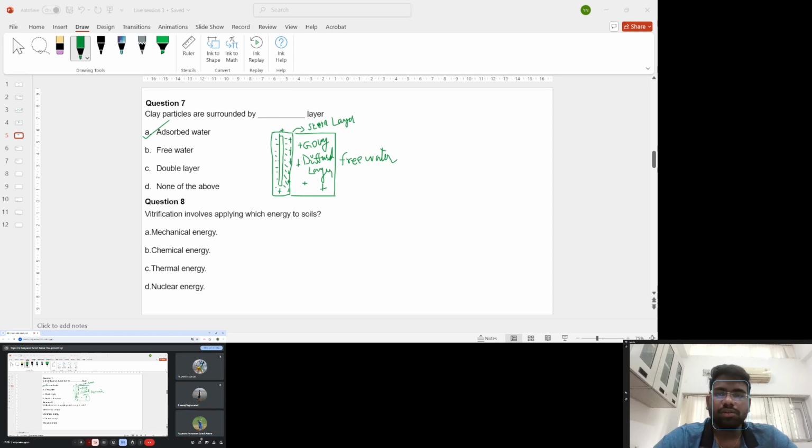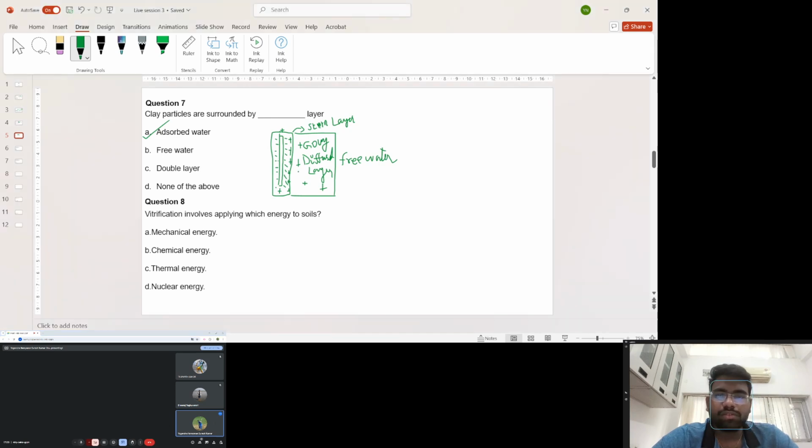Understanding. So now, what type of interactions occur between the Stern layer and this diffuse layer? Any idea? What law does it follow? So these two layers interact by obeying Coulomb's law. So most of the interactions are Coulombic interactions.